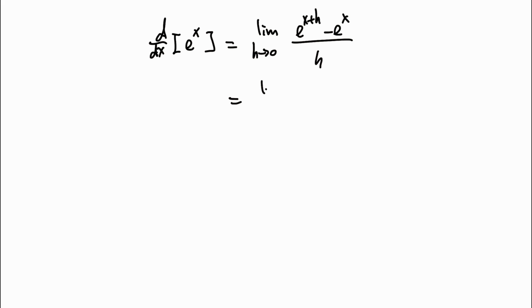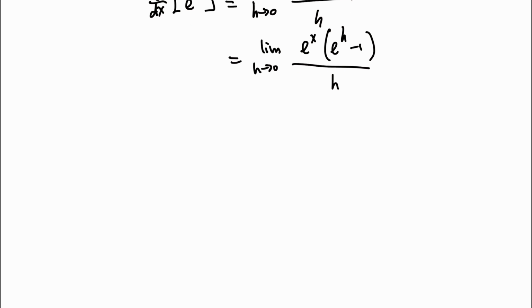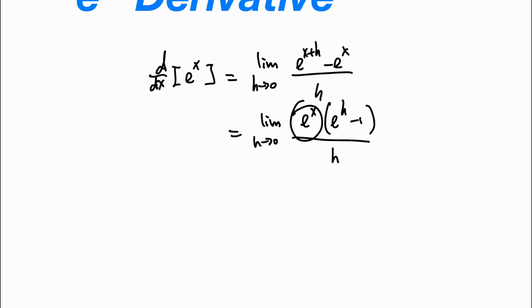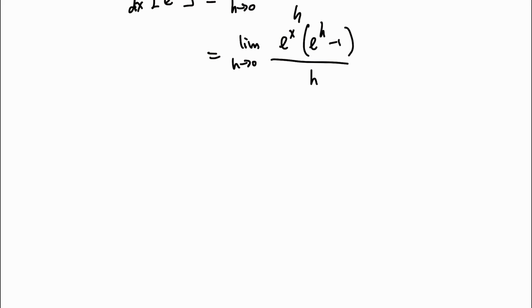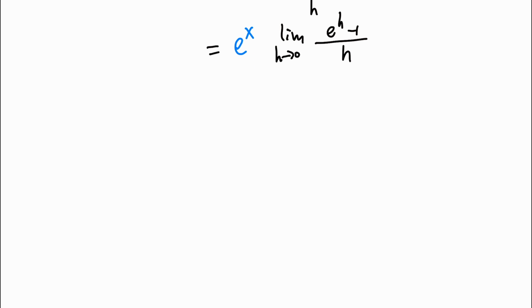And we can get this e to the x out, and that is (e^h - 1)/h. And obviously e to the x doesn't include h at all, so we can just get that out of the limit. So that's e to the x times the limit as h approaches 0 of (e^h - 1)/h.